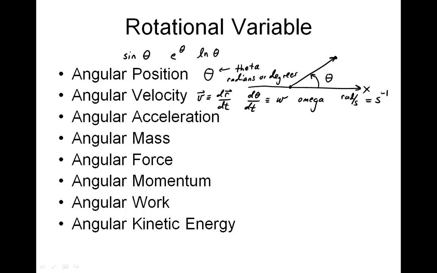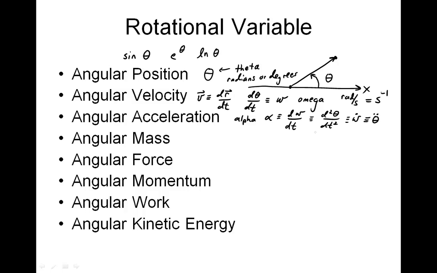Similarly, angular acceleration will run the same way. Angular acceleration will use the Greek letter alpha, and angular acceleration will be defined as the derivative of angular velocity with respect to time, or the second derivative of angular position with respect to time. And I could write this out as omega dot or theta double dot.